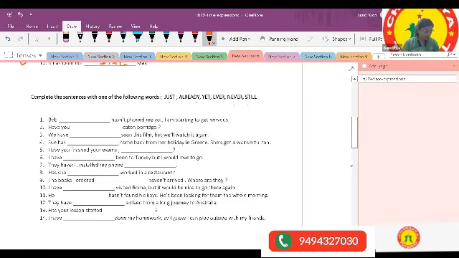So, do you want to solve this one? I asked Sudhamshu. I asked you to solve this one. Where are you? Are you sleeping?